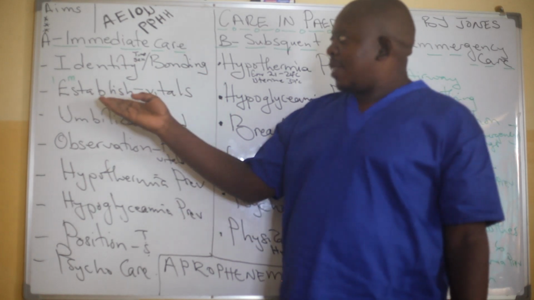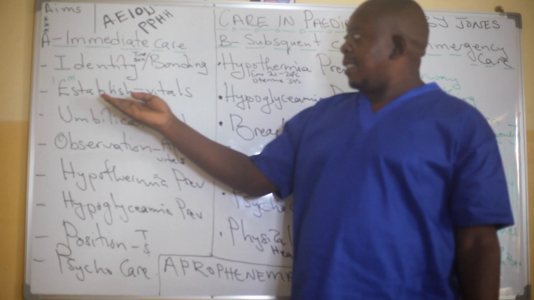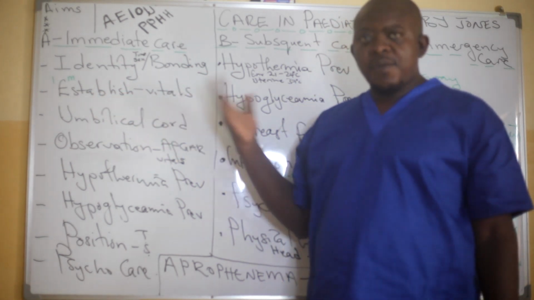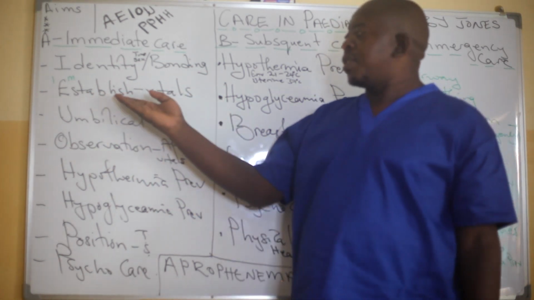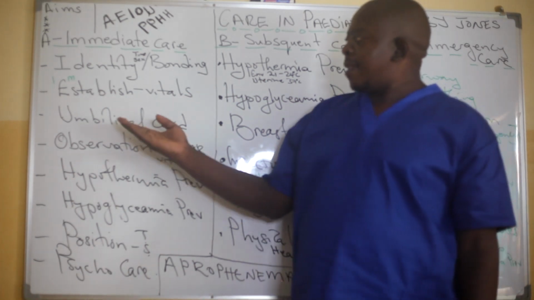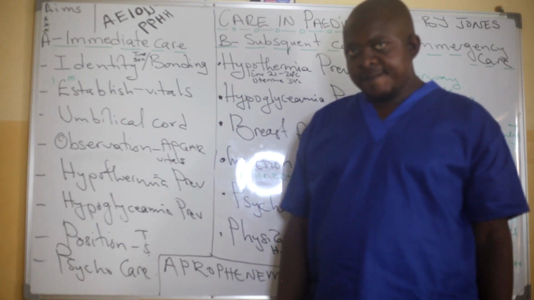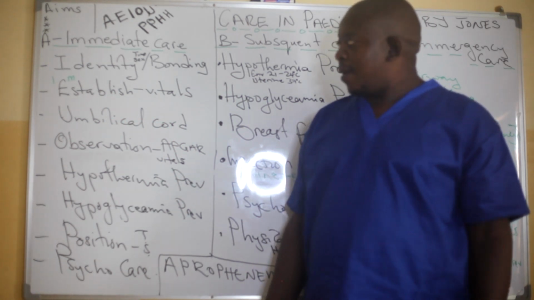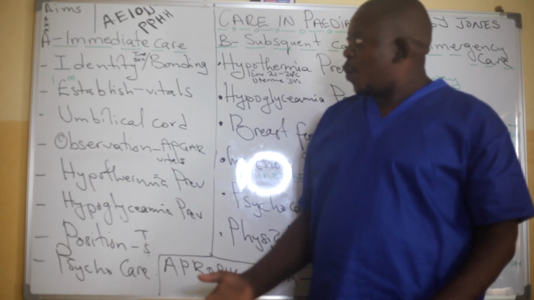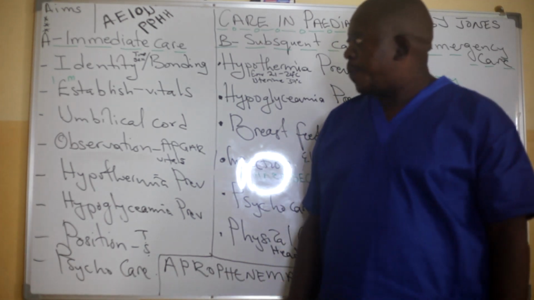The second one is initiation, establishing, and maintenance of vitals. Then the next part is the umbilical cord cutting. The cutting of the umbilical cord is one of those elements within the immediate care of the newborn.